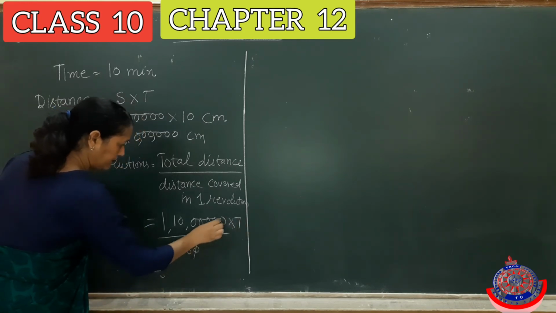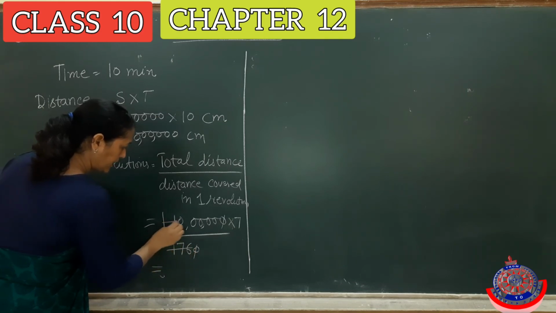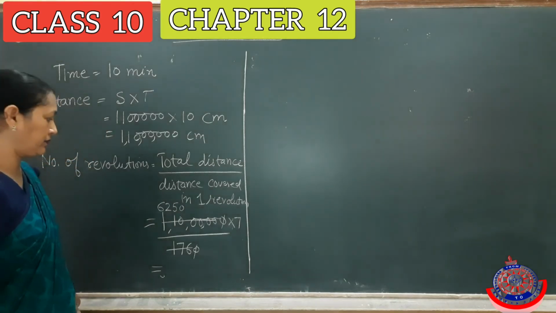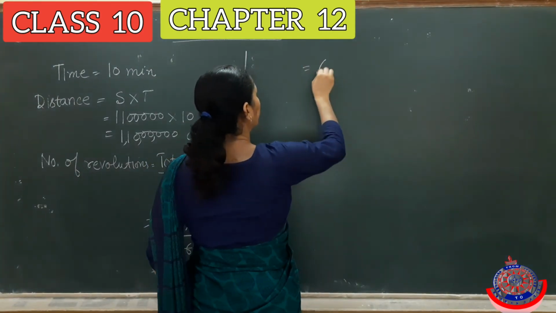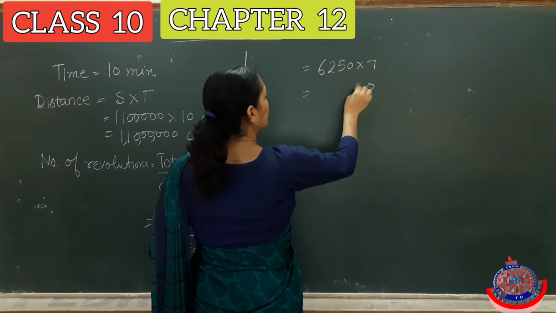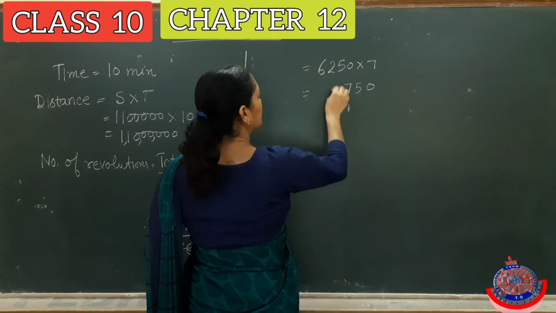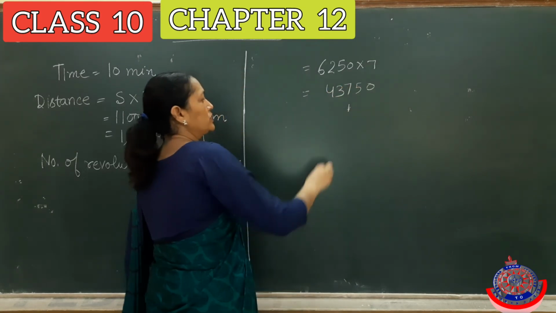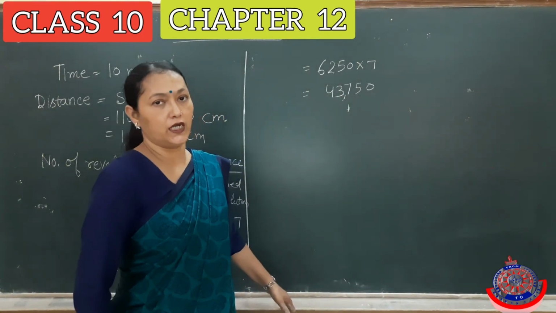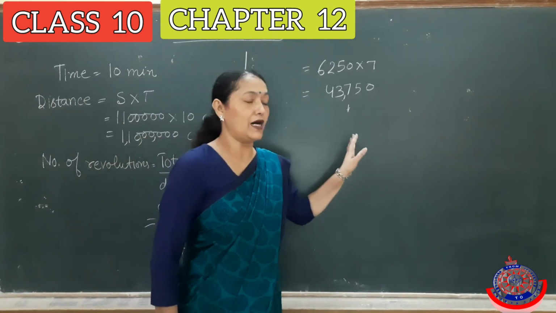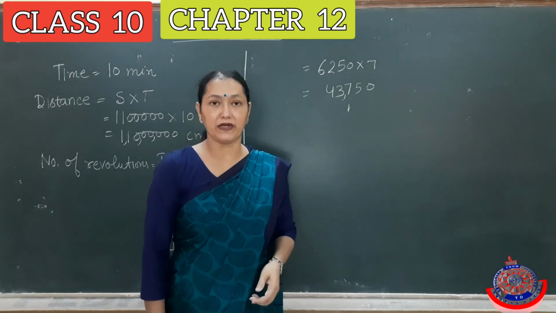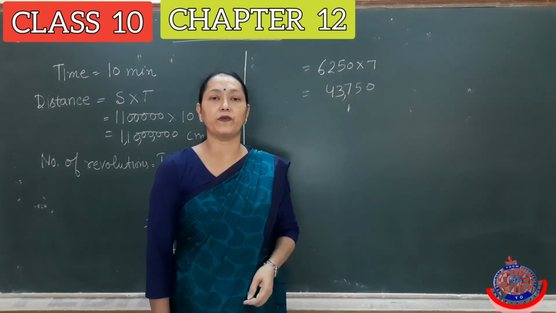After cutting, we will be getting 0.50, and if we multiply these two numbers, that comes out to be 43,750 revolutions. That means the car will make 43,750 revolutions in 10 minutes with a speed of 66 km/h.